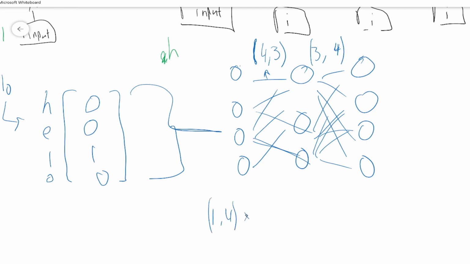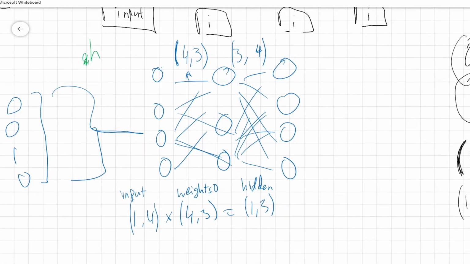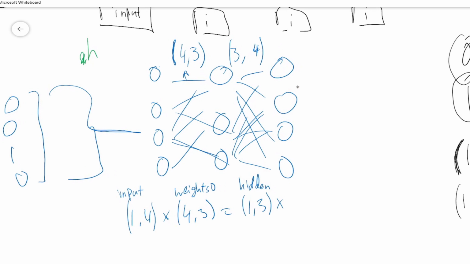Then we're going to multiply that by the weights, or synapses, for the first layer, which will be a 4x3, and that will give us a 1x3 for my hidden layer. And then we're going to multiply that by a 3x4 weights matrix.